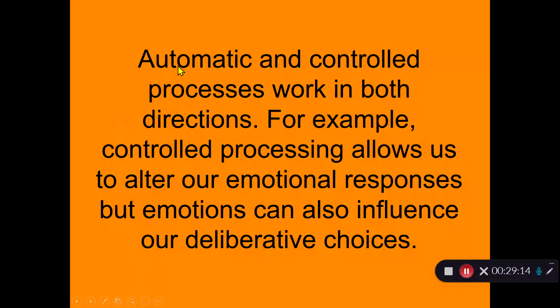And they work in both directions. Automatic and controlled processes work in both directions. For example, controlled processing allows us to alter our emotional responses but emotions can also influence our deliberative choices. They work in both directions. You might have an initial emotional reaction to a particular situation, but your controlled processes will be engaged to help you behave appropriately even in those circumstances.